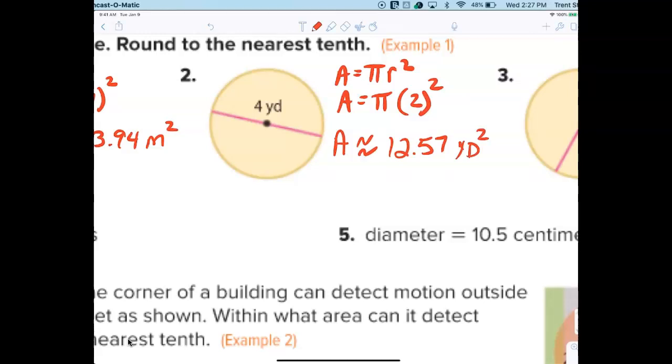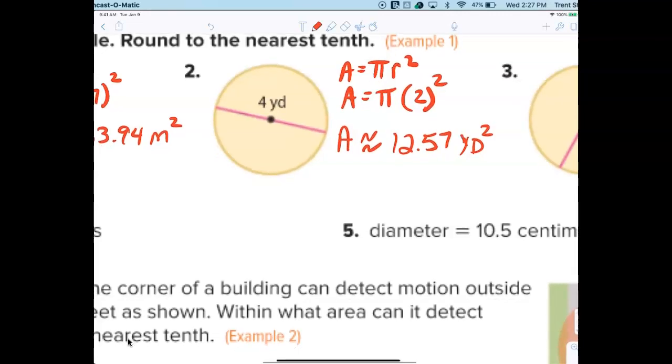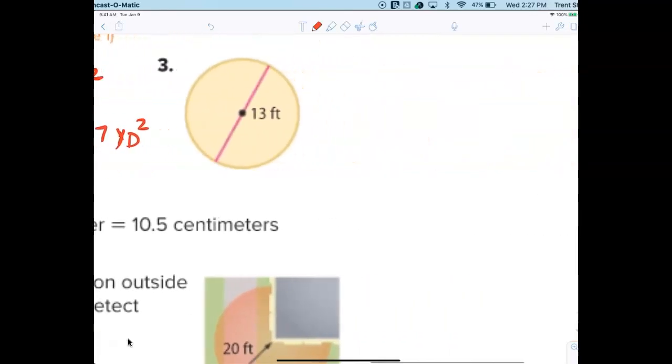Is everybody okay with that? Any issues? So the measurement always is feet squared. Yeah.